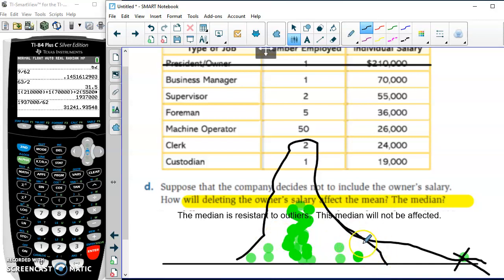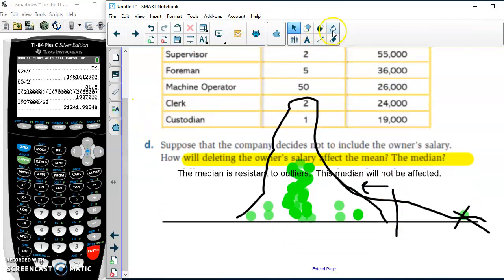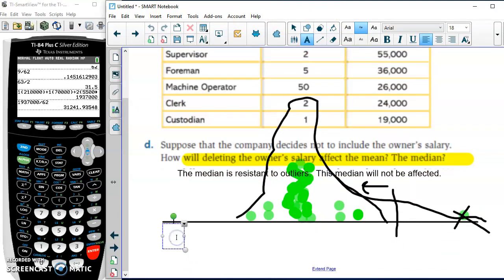So the mean, where maybe the mean was once way over here, now the mean is going to move this way. So for this problem, we'd say the mean will decrease. It'll be lower.